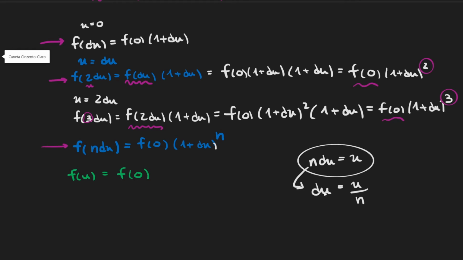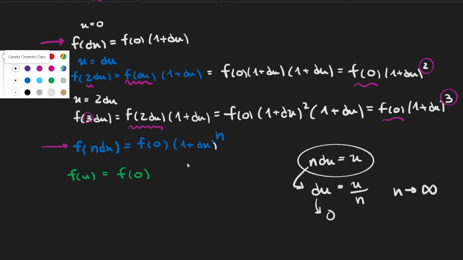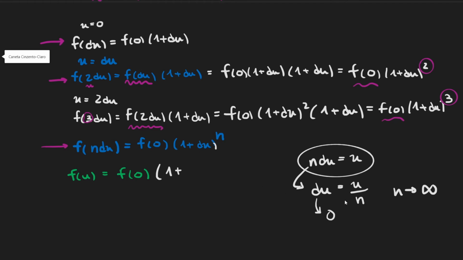Because dx is just a small number and x is a finite number, only with n approaching infinity do we get dx approaching 0, like we said before. So what we get is (1 plus x divided by n) to the power of n, with n approaching infinity.